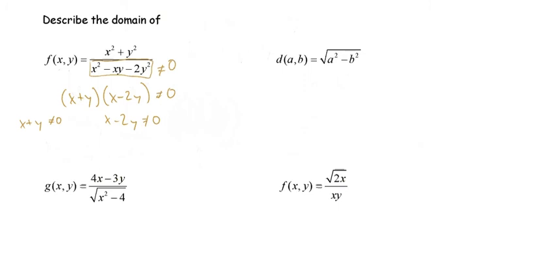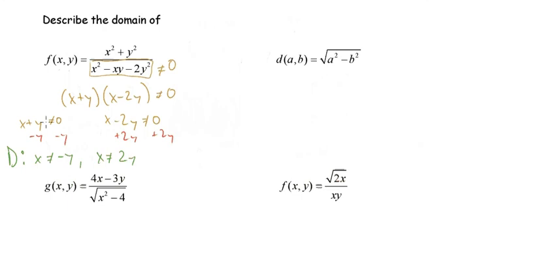So on the first one here, we're going to subtract y from each side. Here we'll add 2y to each side and end up with our two domains. Domain is x is not equal to negative y, and x doesn't equal 2y.